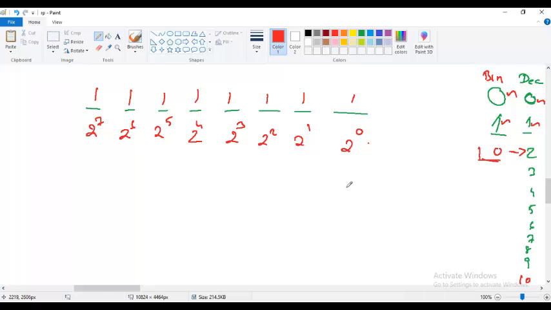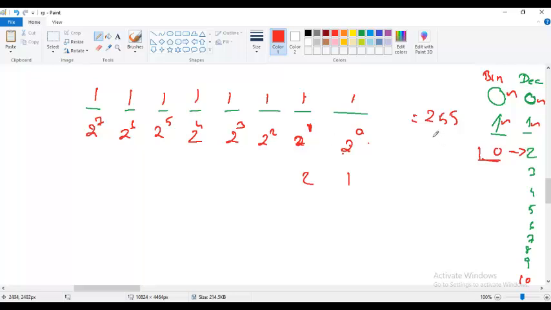Every place value: 2 to the power of 0 is what? 1. 1 multiplied by 1 is 1. 2 to the power of 1 is 2. 2 multiplied by 1 is 2. We'll add them later. Now 2 to the power of 2 is what? 4. 4 multiplied by 1 is 4. 2 to the power of 3 is what?